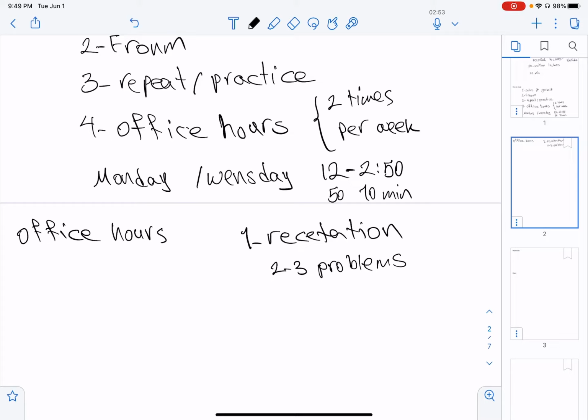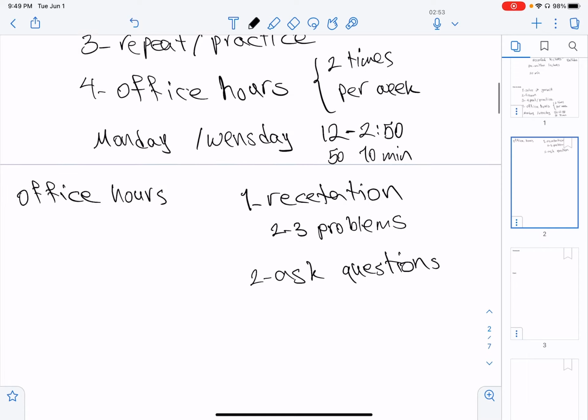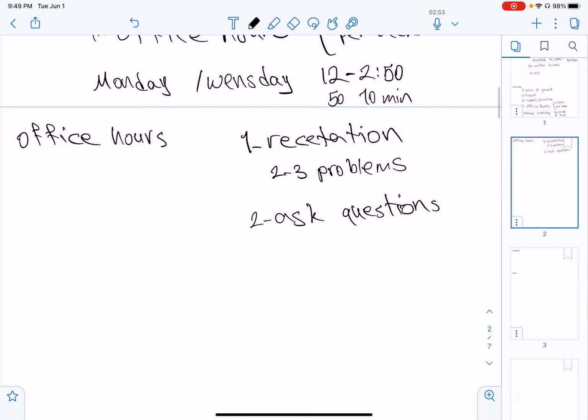After that, because you have a weekly homework, you can ask your questions about the homework or about the lecture notes that I teach you. It's really good if you are there, because you're going to learn from the other students asking questions, and also you can resolve all of your questions.